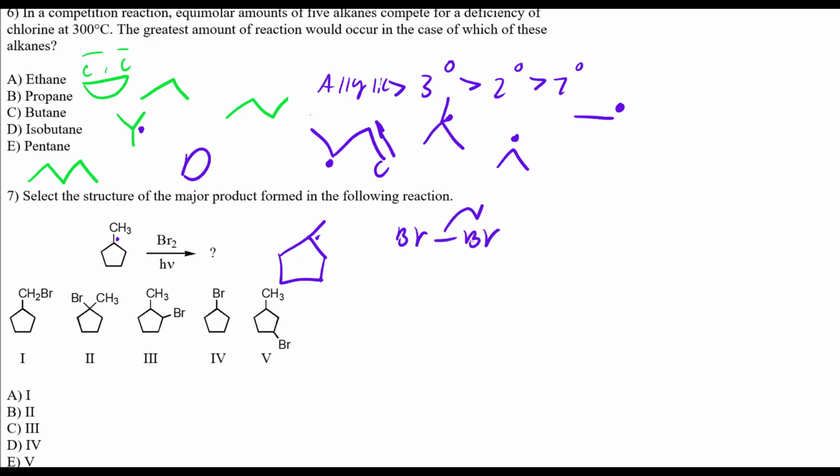One breaks off. Notice that I only drew a single-headed arrow, which is what you see right there. That just means that only one electron moved. Let's do that better. And now this bromine can attach itself to this electron. So what we have now is this.